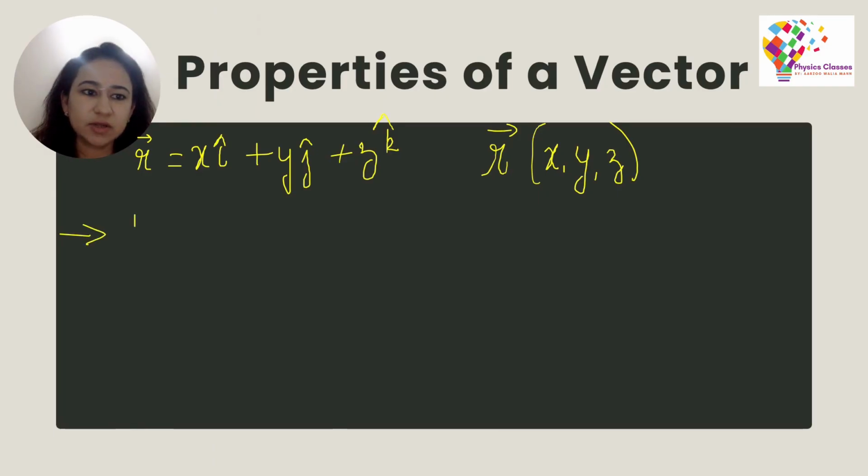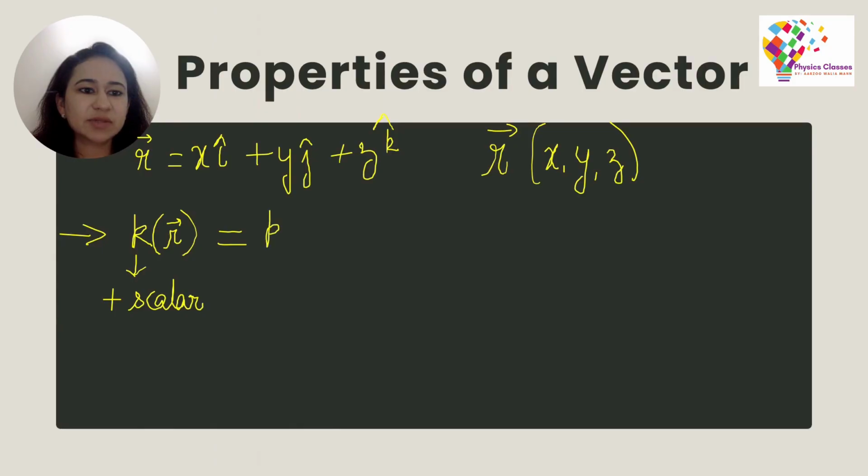Apart from this, if I have any vector, let's say a vector A, I can multiply this vector by a scalar quantity. So k is a positive scalar, and if I multiply this k with my vector r, only the magnitude will increase. It only represents the magnitude getting multiplied k times.